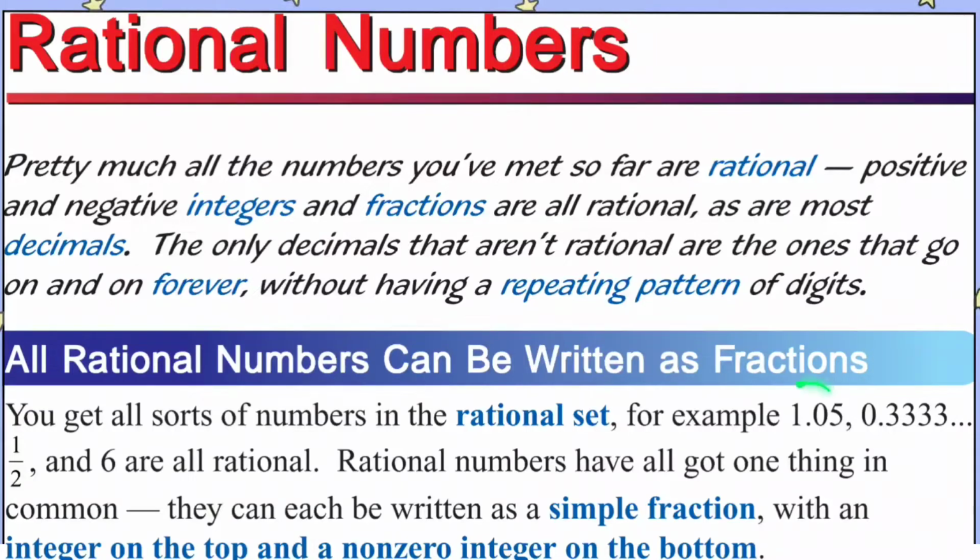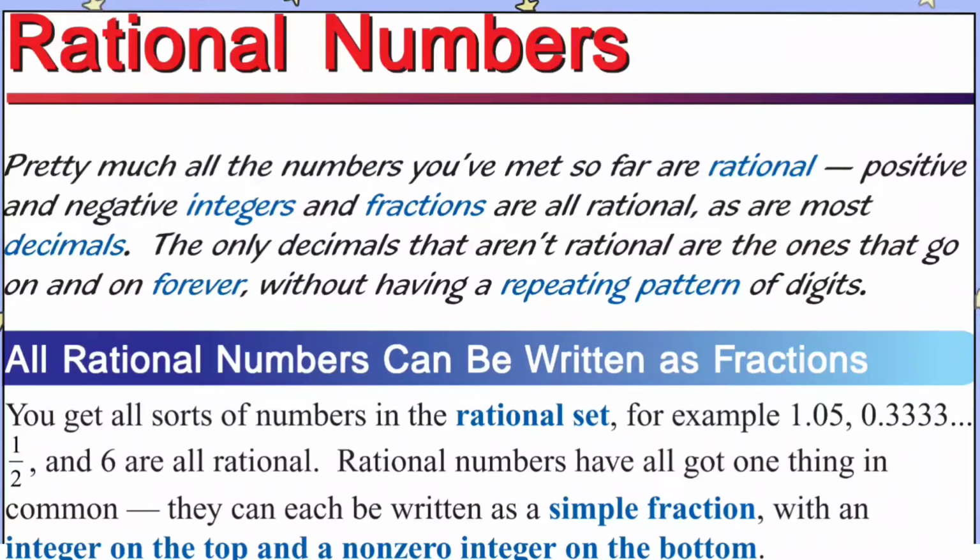For example, 1.05 is rational. And it's rational because it can be written as 105 divided by 100. 0.3333 recurring is also rational because it can be written as a third.